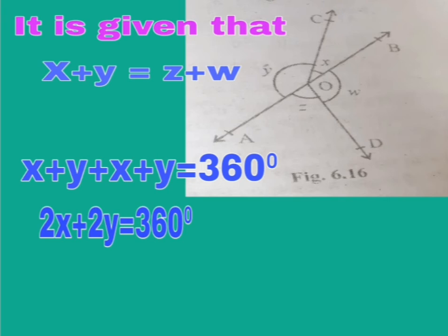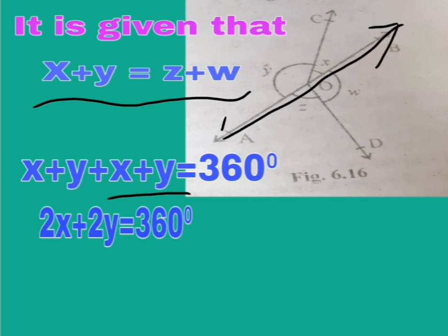Now it is given in the question that x plus y is equal to z plus w, which means in the place of x plus y you can substitute z plus w, or in the place of z plus w you can substitute x plus y. Like that also we can do. But here we are proving this AB as a straight line.